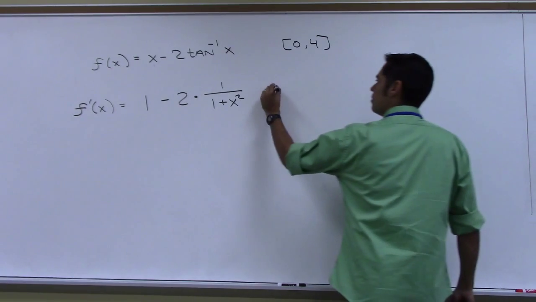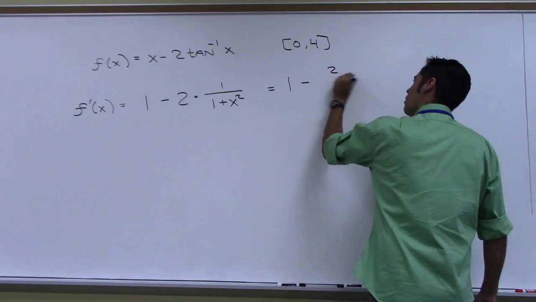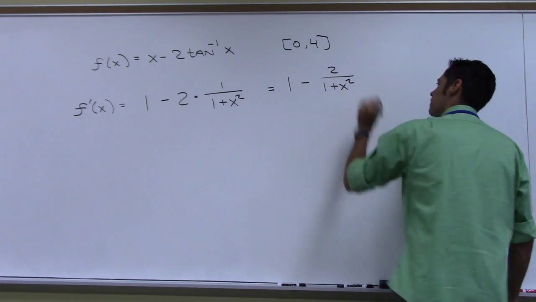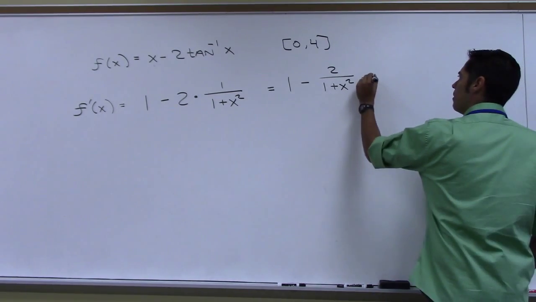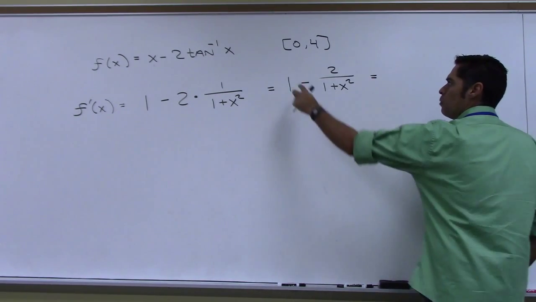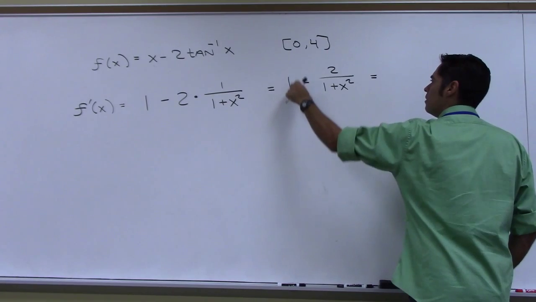So this is equal to 1 minus 2 over 1 plus x squared. And what have we been doing every time we've had something like this? We've been combining these together to get one fraction, right? So let me get a common denominator. I have to put 1 plus x squared on the top and bottom here.